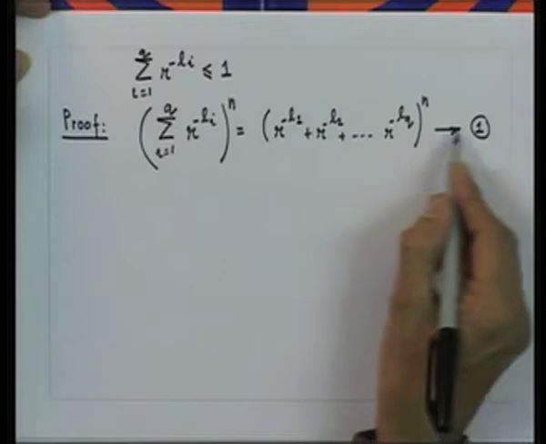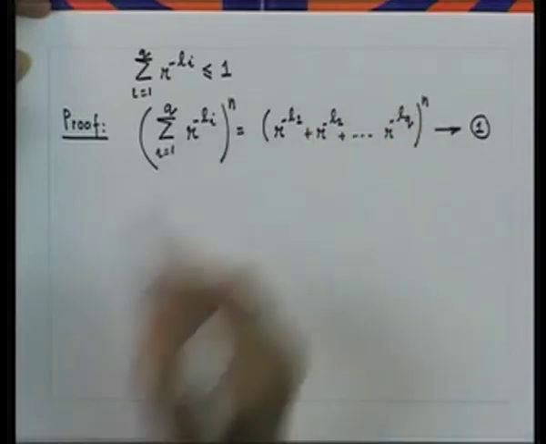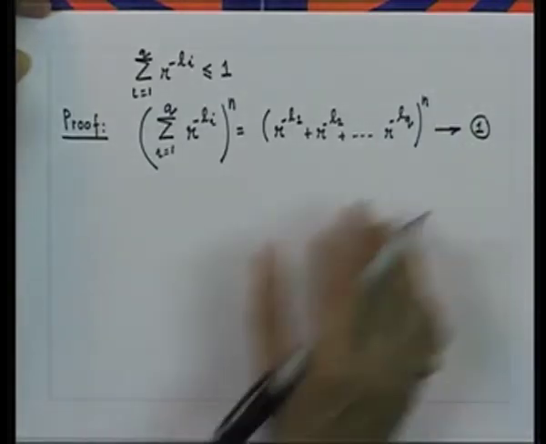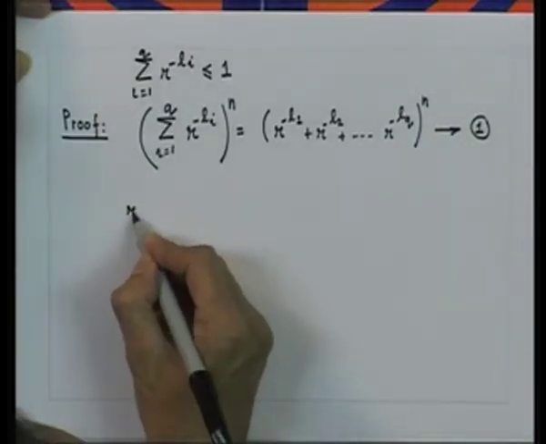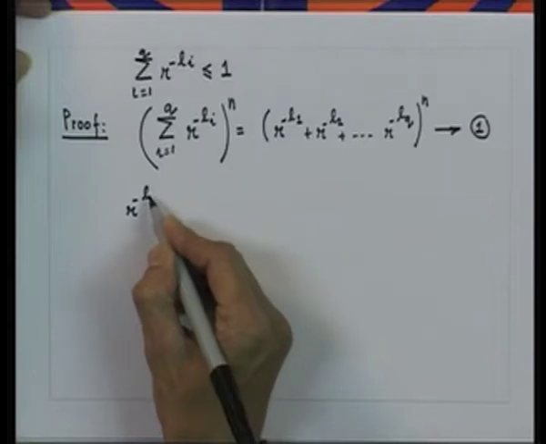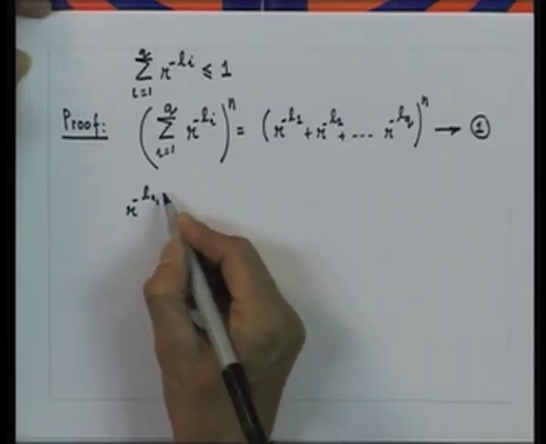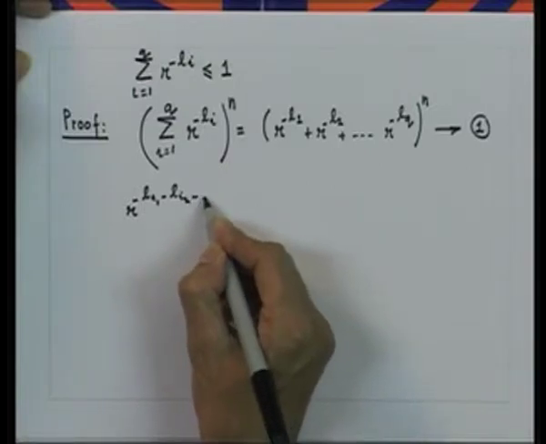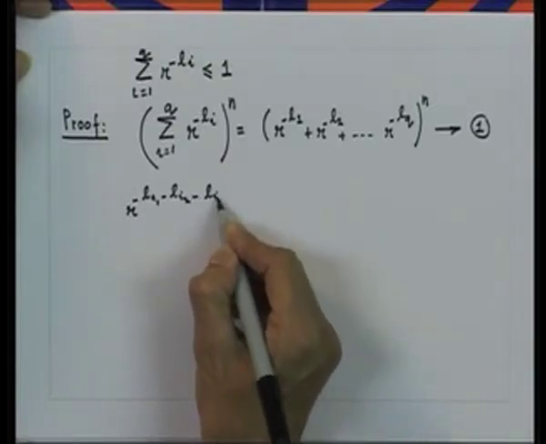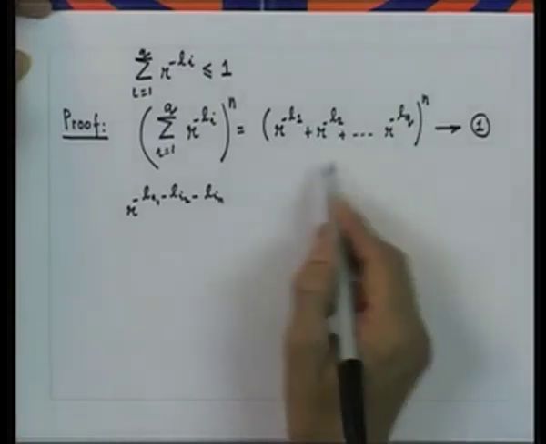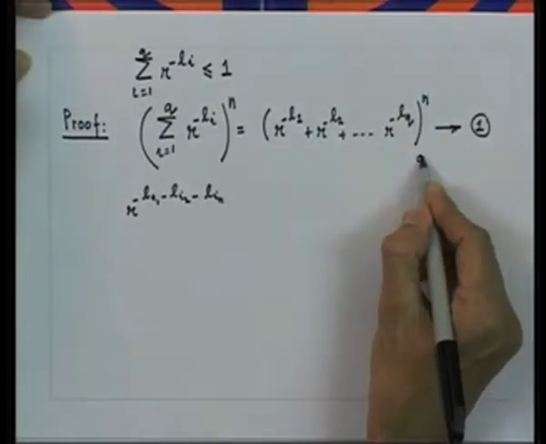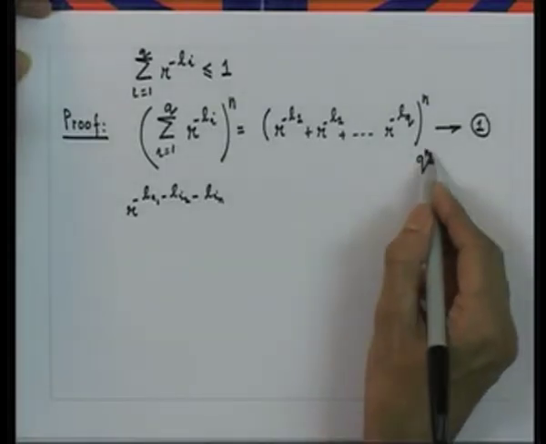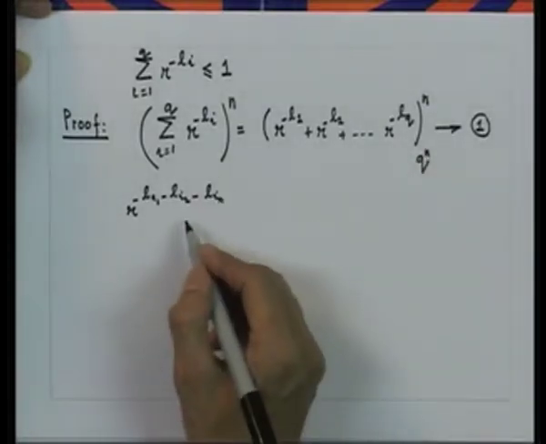When I expand this equation, I will have q raised to n terms, and each term will be of the form given here.